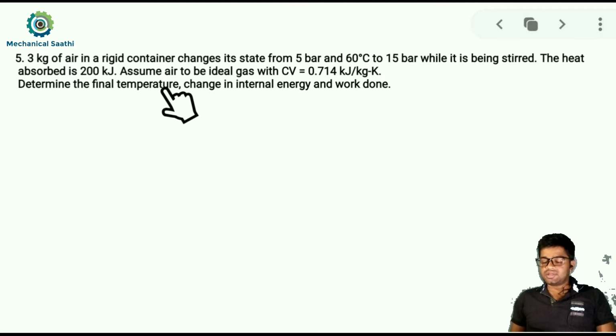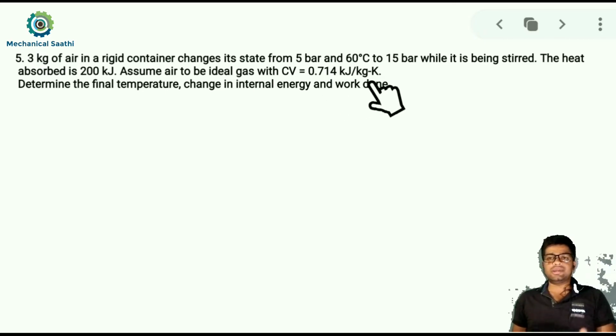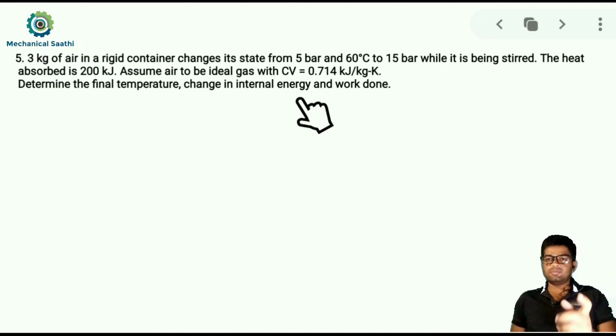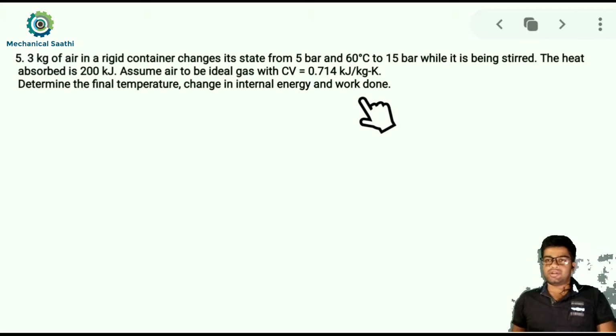We can assume that air is an ideal gas, with a constant specific heat at constant volume given as 0.714 kilojoule per kg Kelvin. We need to find the final temperature, that means the temperature at state point 2, the change in internal energy, which will be E2 minus E1, and the work done.